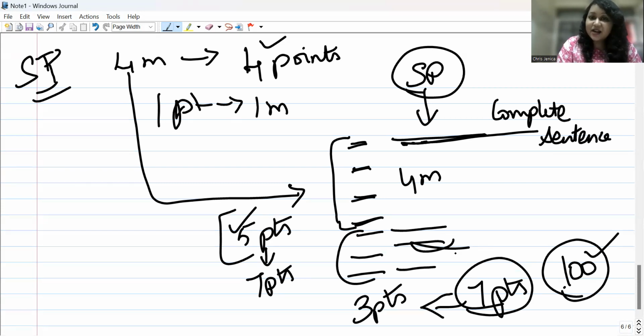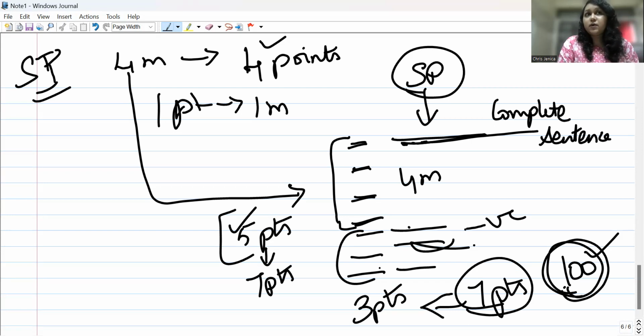But getting extra time after completing 100 marks is totally difficult. So I would say don't spend time on this. Anyway, you're not going to get any negative mark or an extra mark.